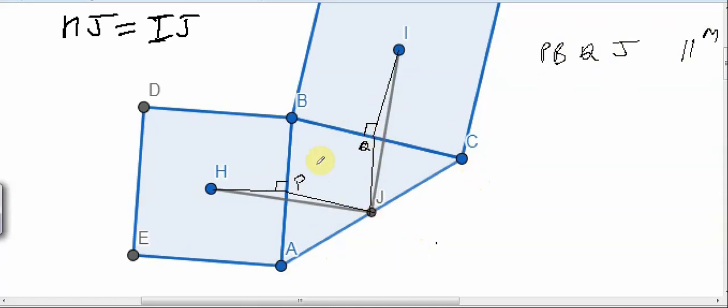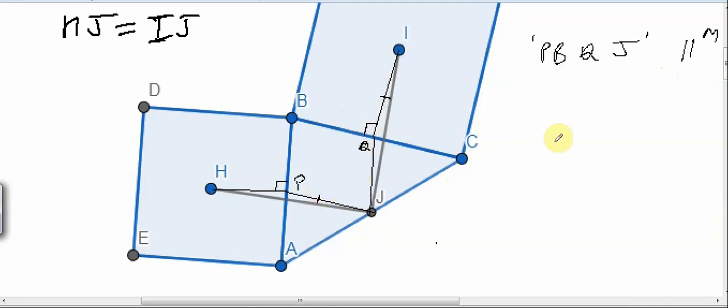Likewise, QJ is parallel to AB, thereby making this quadrilateral a parallelogram. Now, since PBQJ is a parallelogram, PJ is equal to BQ, but BQ is equal to IQ. Therefore, PJ is equal to IQ.